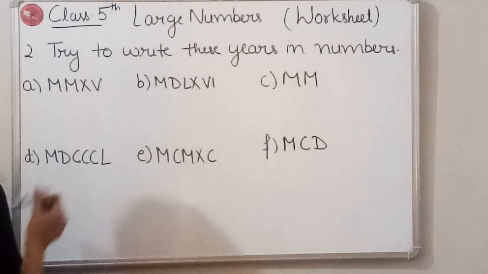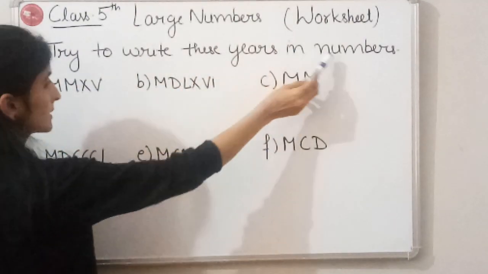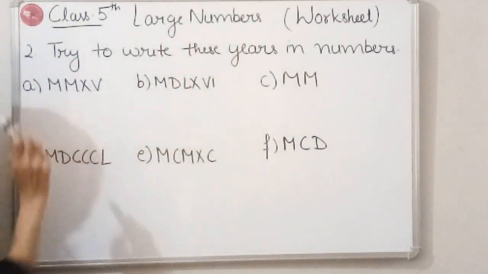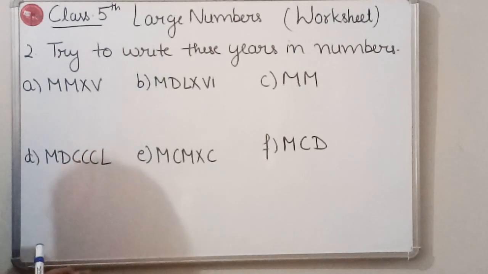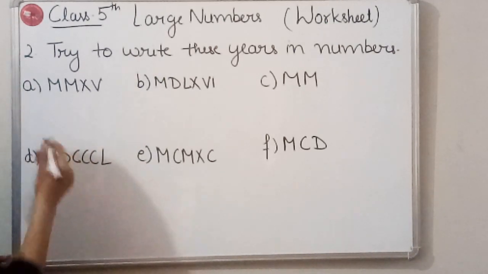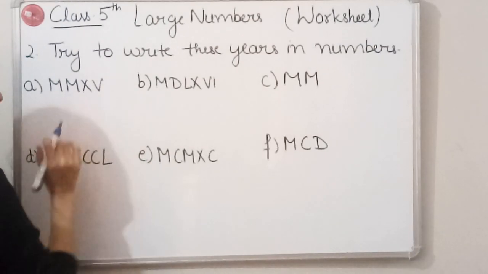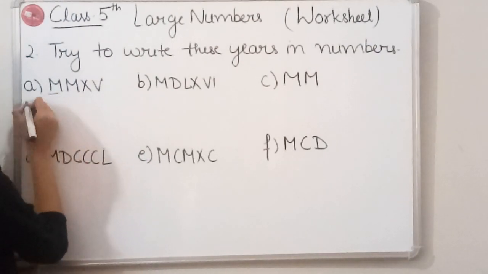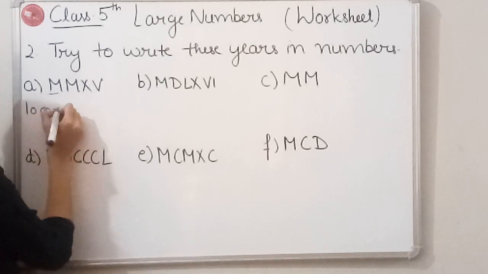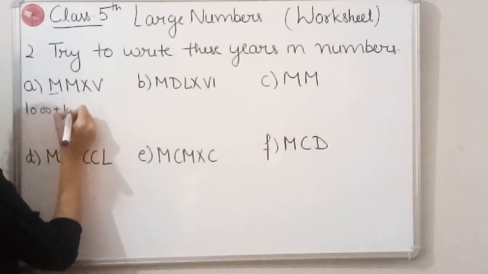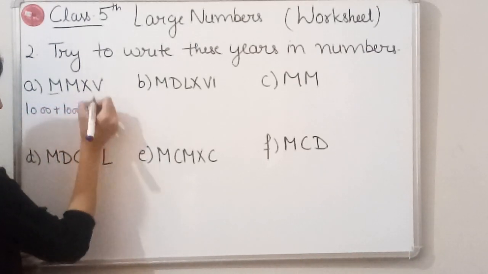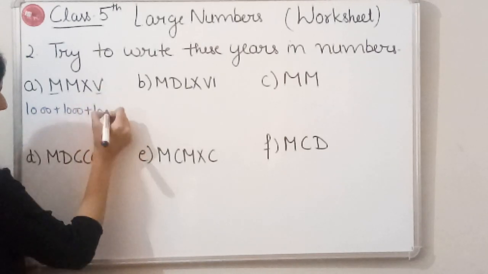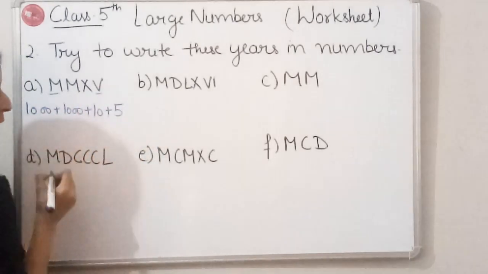Question number 2 is try to write these years in numbers. Now we have been given Roman numerals and we have to write them in numbers. First is MMXV. M is for 1000, plus again 1000, plus X is for 10 and V is for 5.